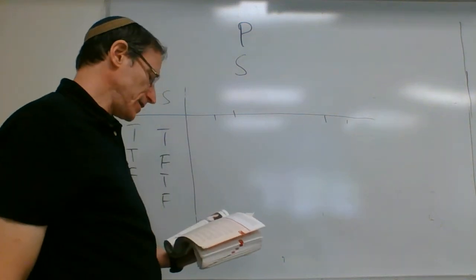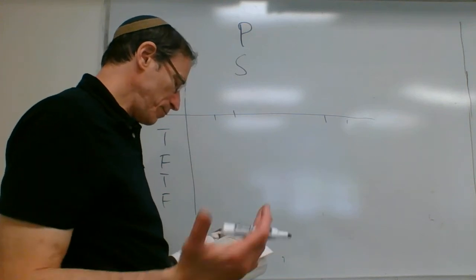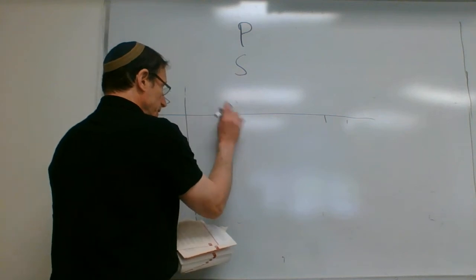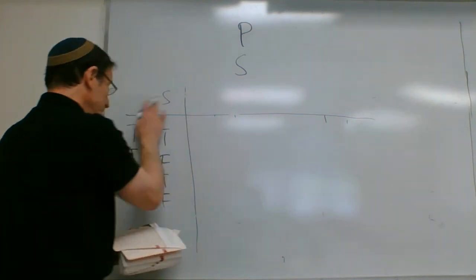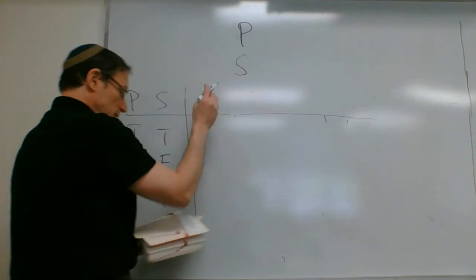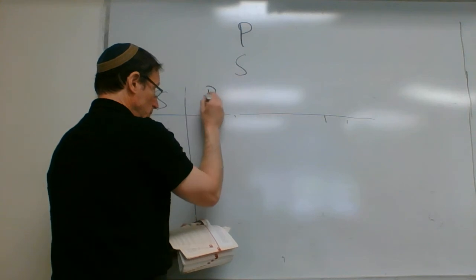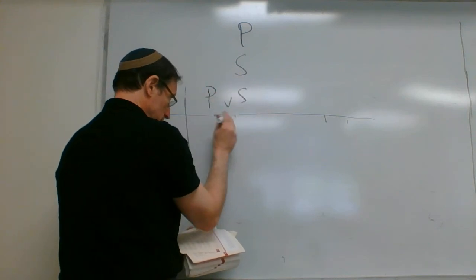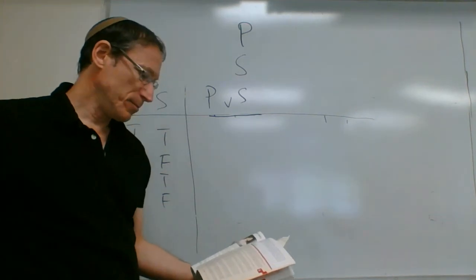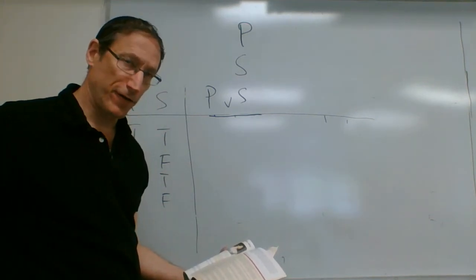So now I need to symbolize what this is saying. The first premise says basically P wedge S. So I'm going to put that right here. We're going to have S and P. Well, P comes first and then S. So we have a disjunction, either P or S. And then the second sentence is, but he did win the Nobel Prize for explaining the photoelectric effect.